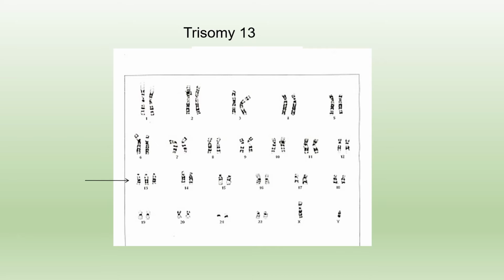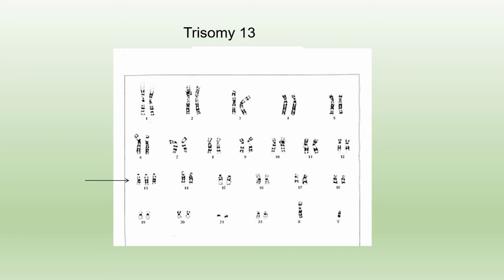But then you get to chromosome 13 and you see 3 of them. This is an aneuploidy, specifically called a trisomy. 3 copies. So either the sperm or the egg had 2 copies of chromosome 13 in it. The fertilized egg now has 3 copies.